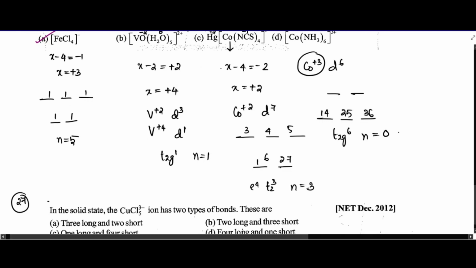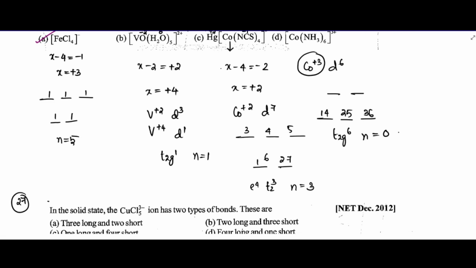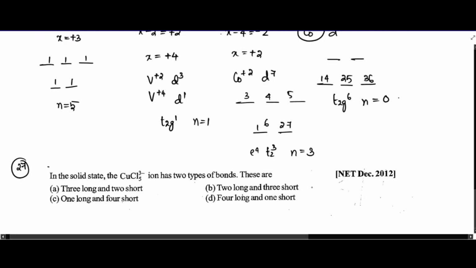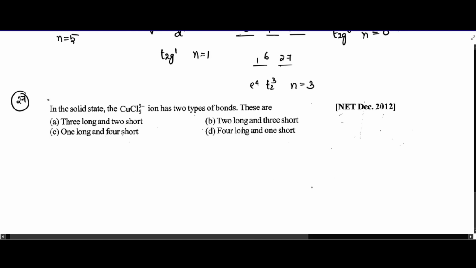Number of unpaired electrons equal to 3. Okay, n is equal to 3. Okay, next question.